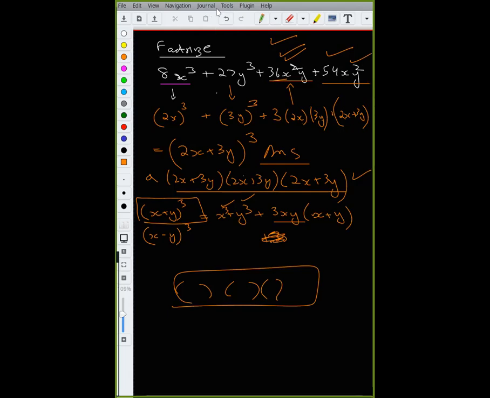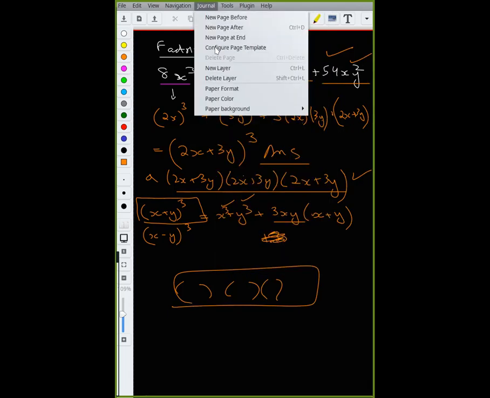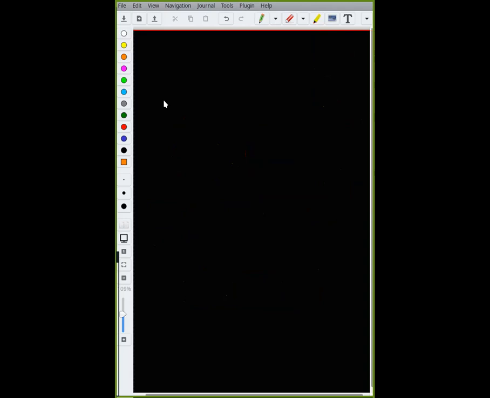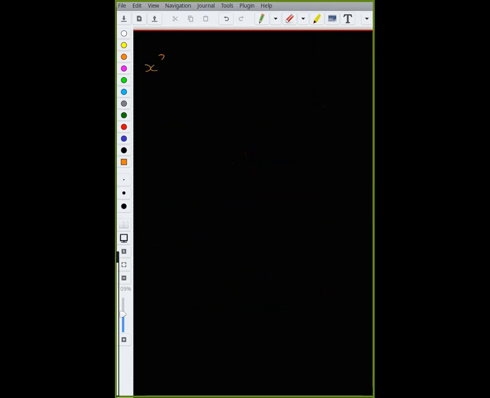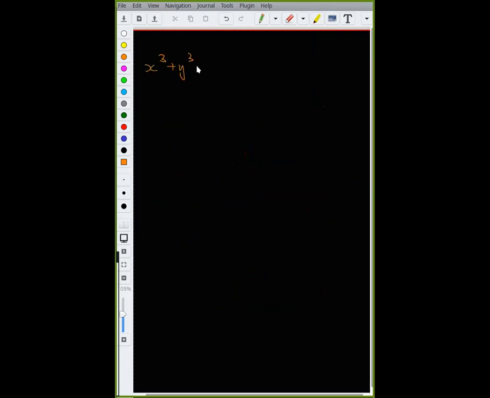One last identity for today. A very stupid identity, mug it up. I'm not going to explain how to derive this. x cube plus y cube plus z cube, they hardly test this, but we don't know the mood of the examiners.